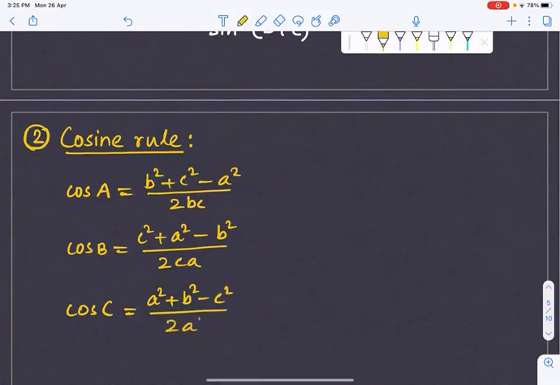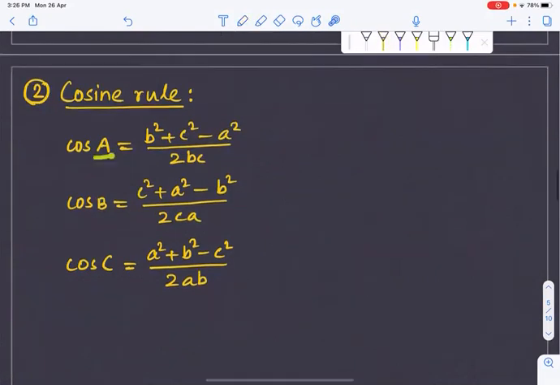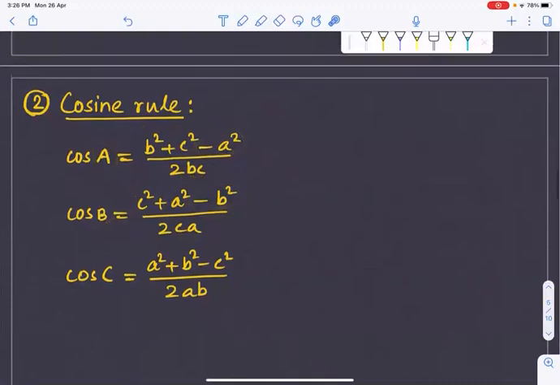Now here you can understand there is a pattern. If I am having cos of capital A, then small a square is in minus, b square plus c square is here, 2bc is here. When I am taking cos B, then minus small b square, 2ca. That is the pattern you can remember.